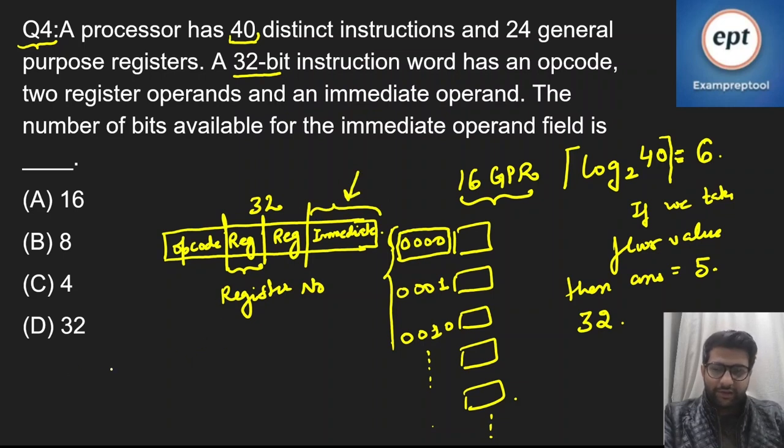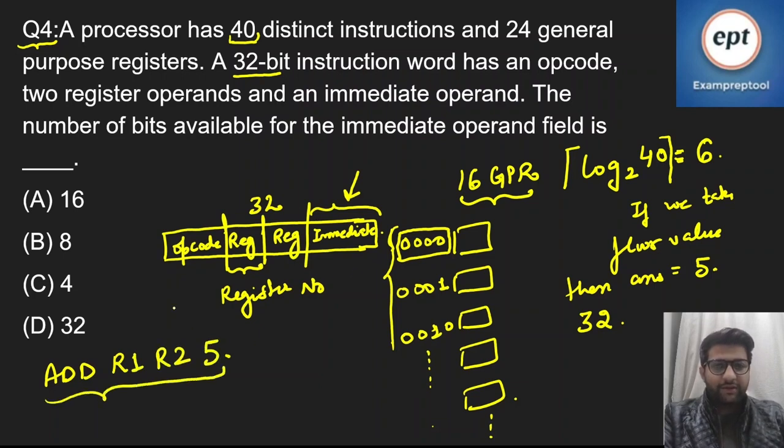So let's say the instruction is add R1, R2 and 5. This is the instruction that is described here, right? This is the register R1 and this is the register R2.